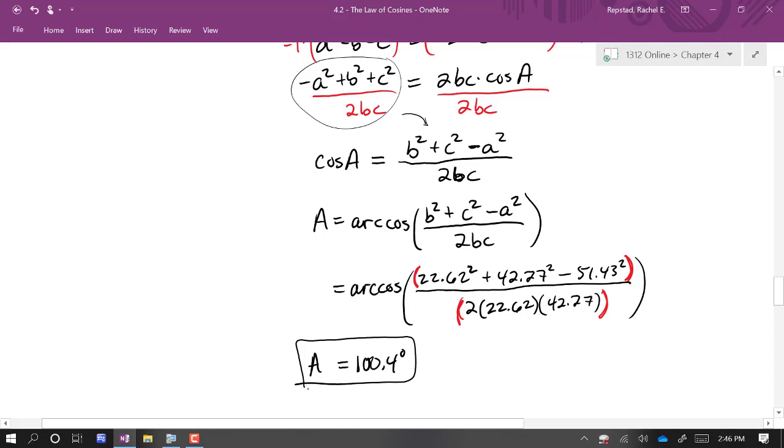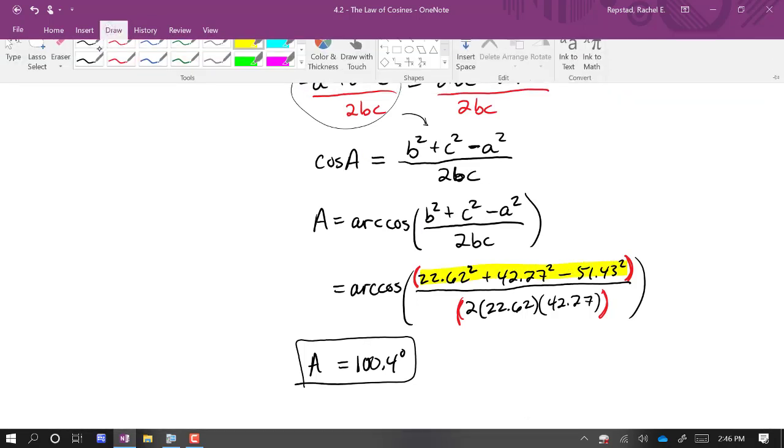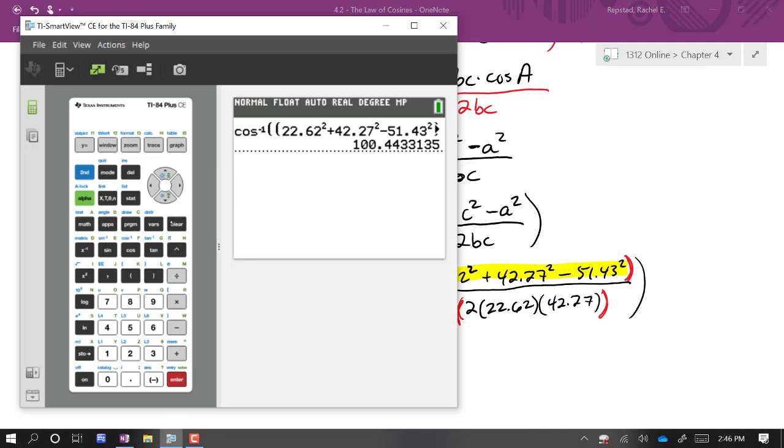Now before we find the other two, as I mentioned before, you can do some intermediate calculations. So you could find this first. That's 22.62 squared plus 42.27 squared minus 51.43 squared.